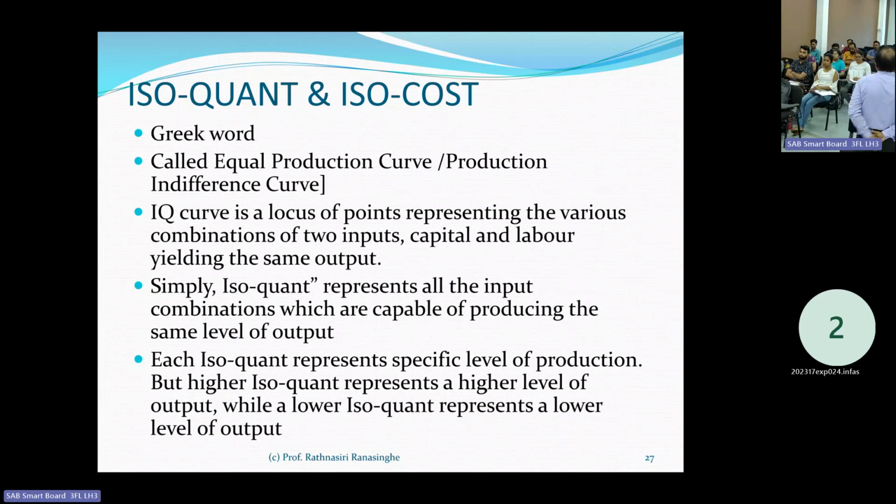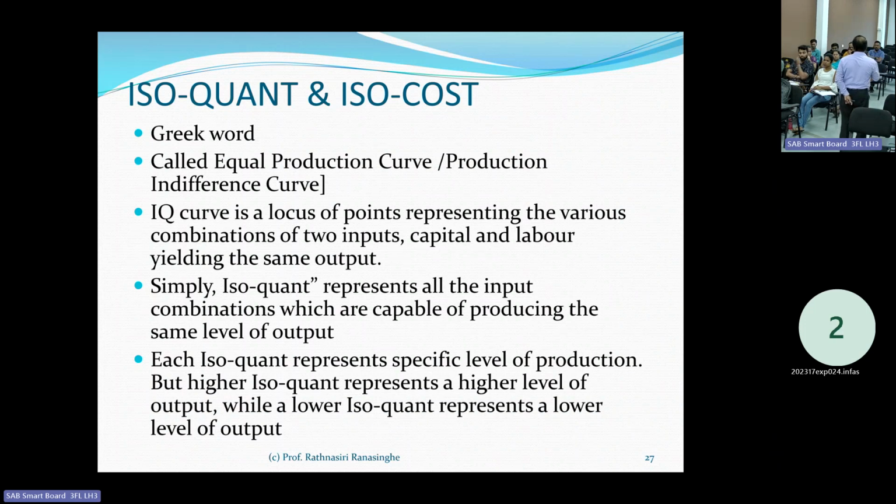So you may remember the producer's equilibrium, where we talked about the indifference curve. Here also, now, the producer's behavior: we take two products and you try to maximize your utility on the indifference curve. The indifference curve is equal satisfaction.